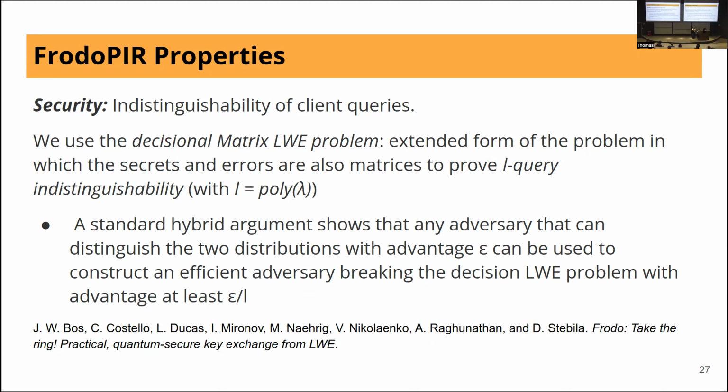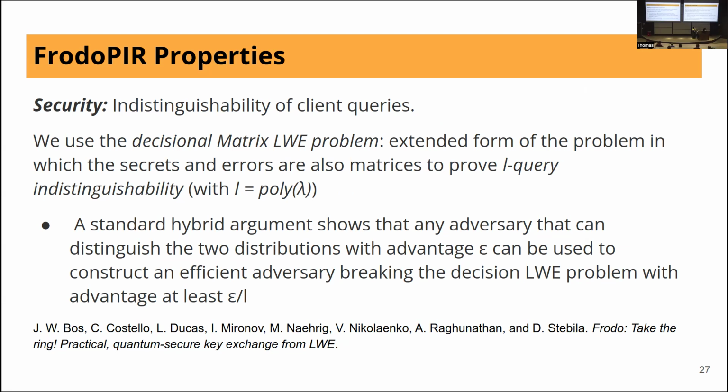The first thing that you actually prove is single-query indistinguishability, which is easy to prove because we're basing ourselves on decisional LWE. But now we're also interested, for example, in proving L-query indistinguishability for an L that, for example, is poly of lambda. How did we actually prove that?